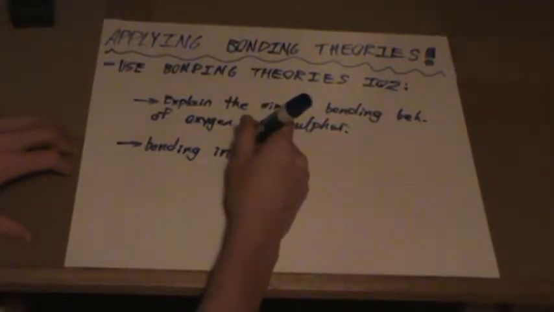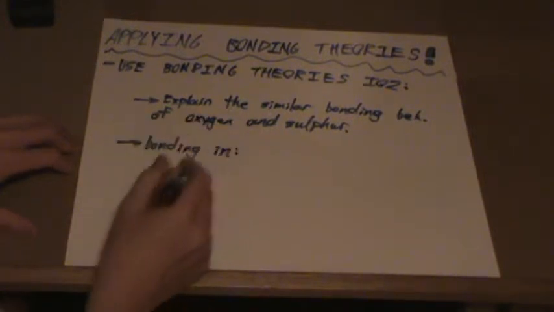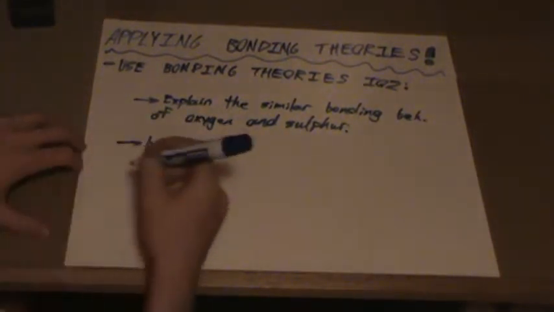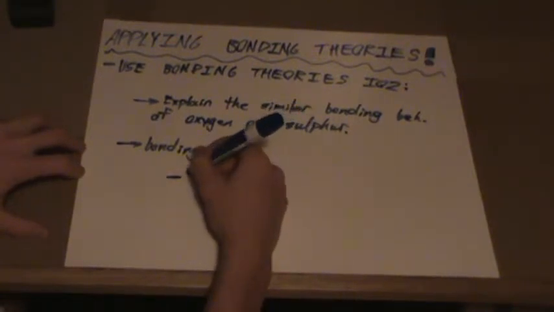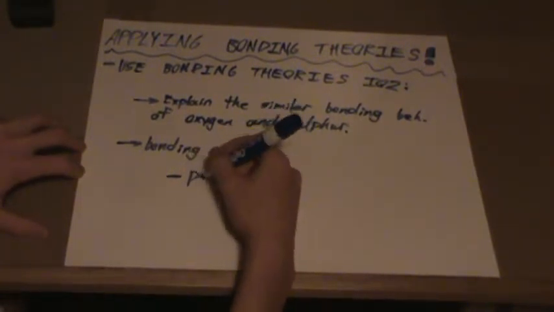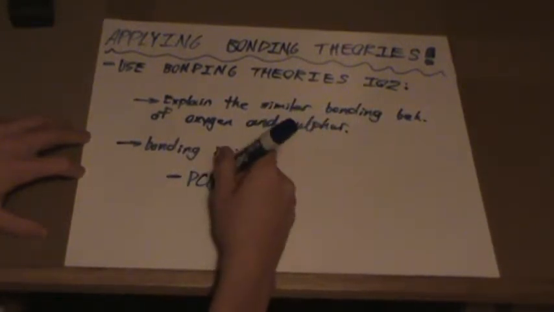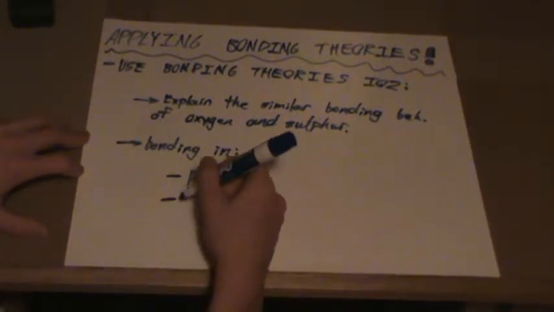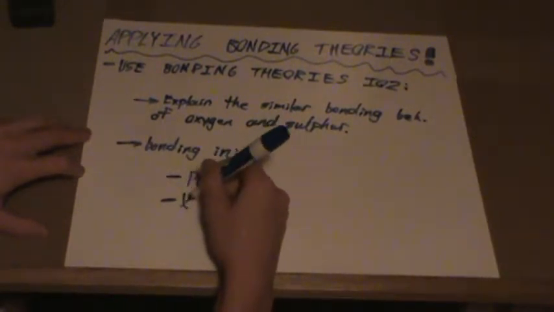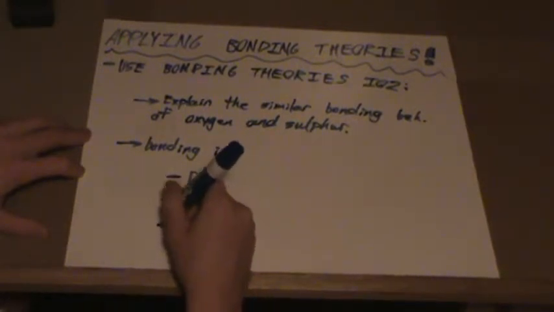Bonding in, and now we have a second set, so now we're going to use dashes again. Further over to the right, we are going to explain the bonding of phosphorus pentachloride, so PCl5, and we will also be explaining xenon tetrafluoride, and we will see that's pretty interesting.